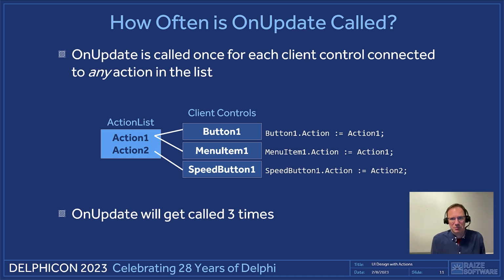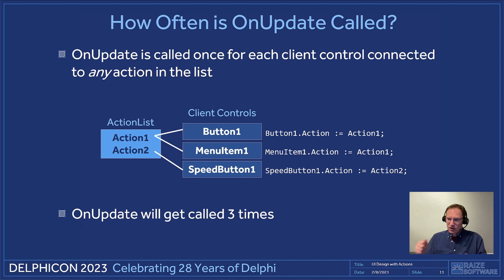What does that mean? How often is onUpdate called? Well, onUpdate is called once for each client control that's connected to any action in the list. So if I have an action list with 2 actions in it and 3 client controls, where button 1 and menu 1 are connected to action 1, and speed button 1 is connected to action 2, the onUpdate event will actually get called 3 times.